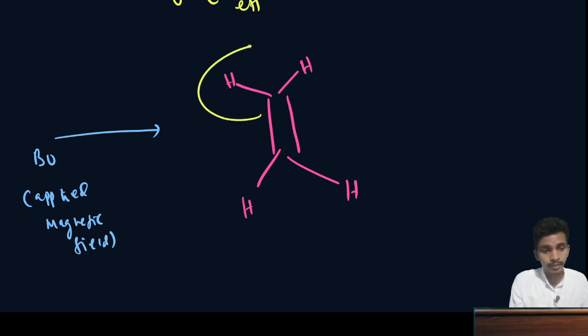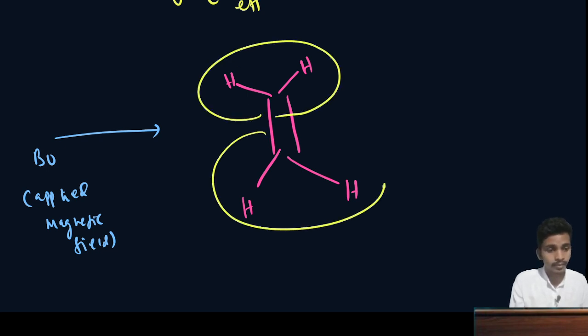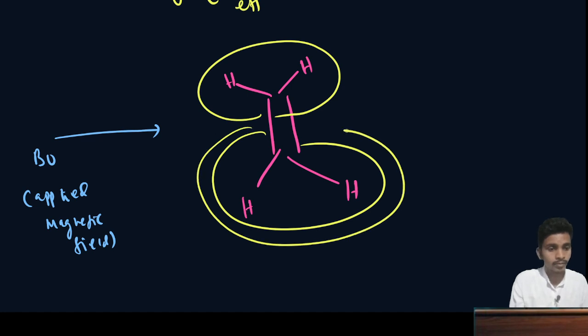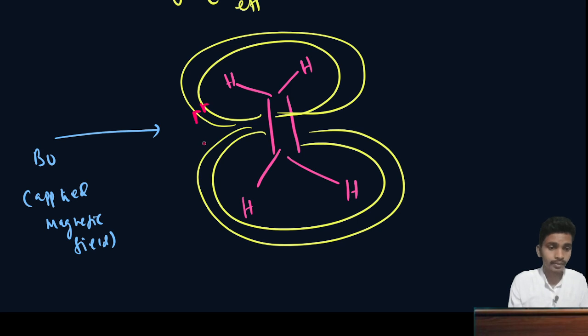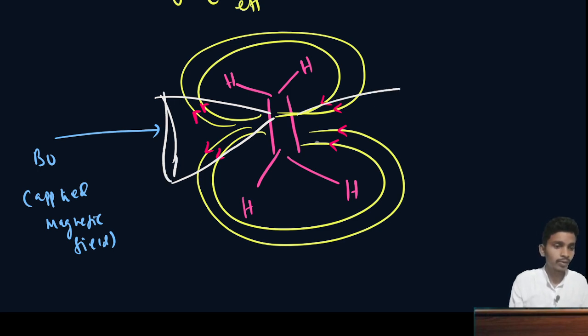Let's say this induced magnetic field will be like this. This way it generates an induced magnetic field, and it is opposite to the applied magnetic field, in this direction. So here we will draw a cone, and here also we will draw a cone.